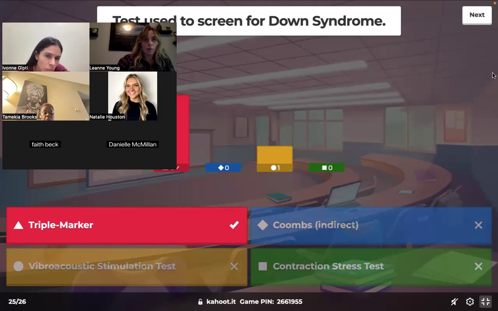There's also a specific marker that will flag in infants that have a potential to have Down syndrome. I can't remember the name of it, but I know the level of it is lower, right? Yes, it is your alpha fetoprotein.